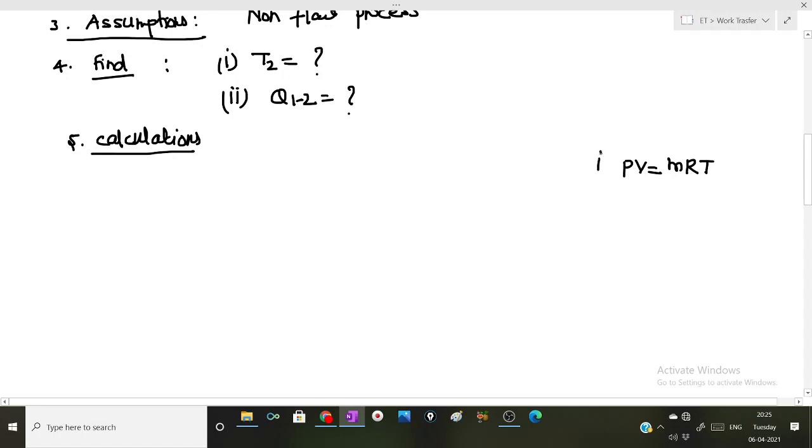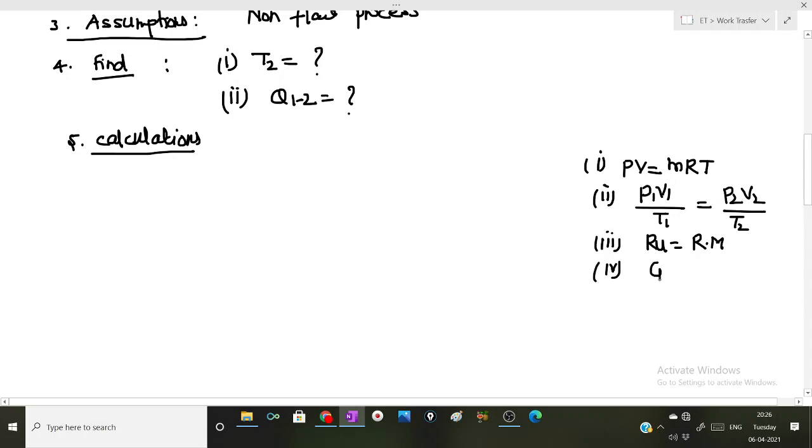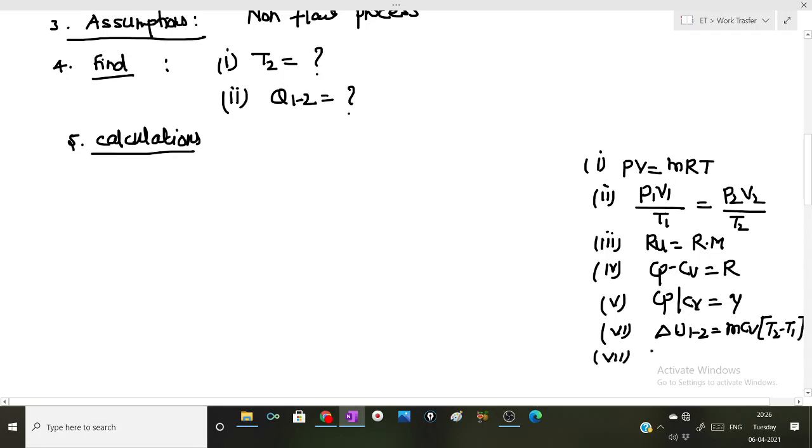PV is equal to mRT, P1 V1 by T1 is equal to P2 V2 by T2, Ru is equal to capital R into M, Cp minus Cv is equal to R, Cp by Cv is equal to gamma, delta U122 is m Cv (T2 minus T1), and delta H122 is m Cp (T2 minus T1).